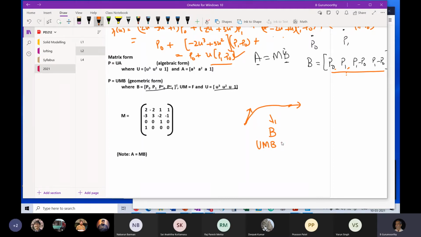And from this, we can also get the algebraic coefficients because A is then equal to MB. So the only thing that the user changes here is B, M remains a constant, and you can get as many arbitrary shapes as one would want.